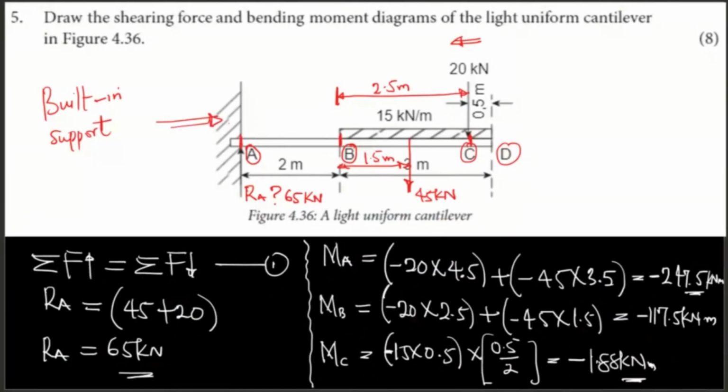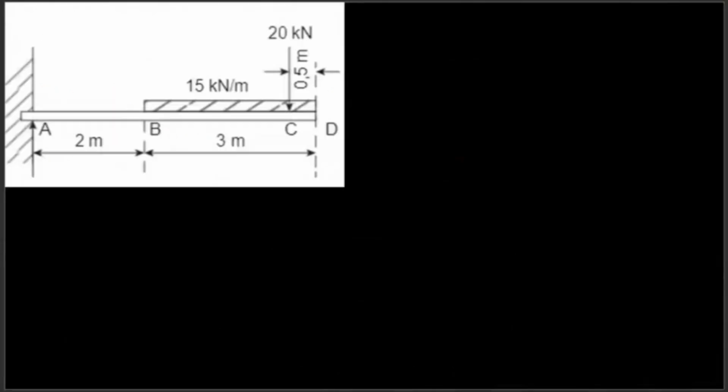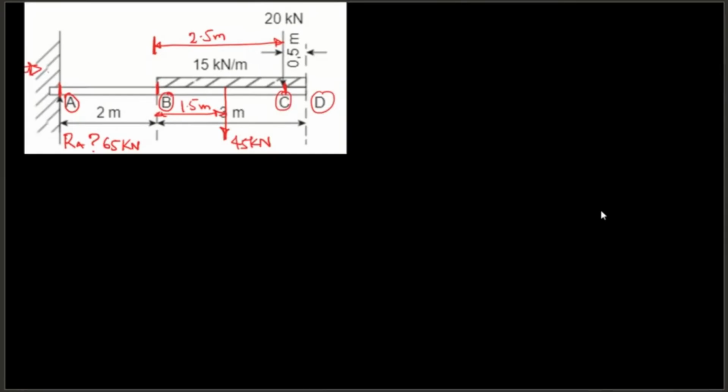So now let's draw our shear force bending moment diagram. I think I need this diagram, I'm just going to crop that. So let's do our shear force diagram here.